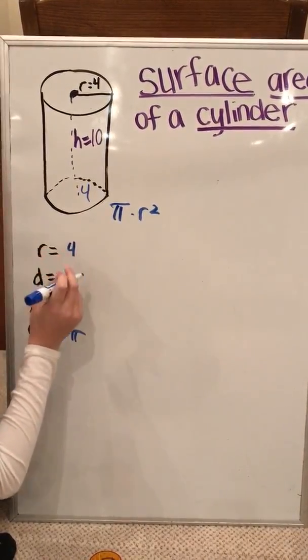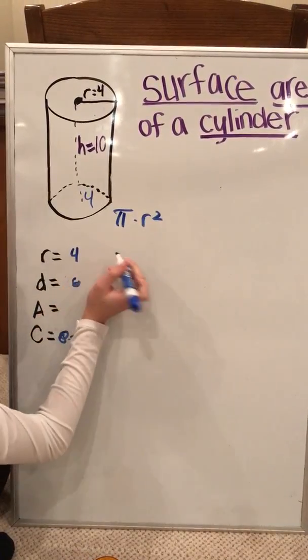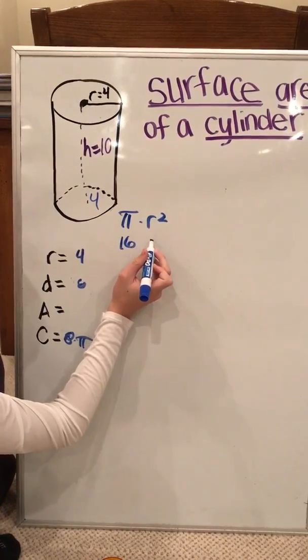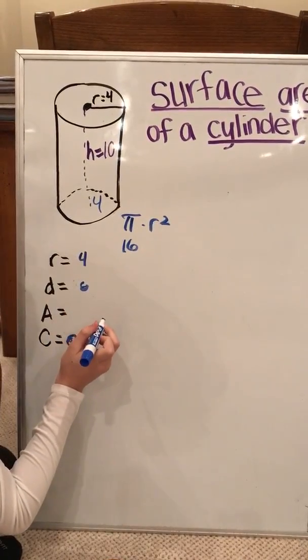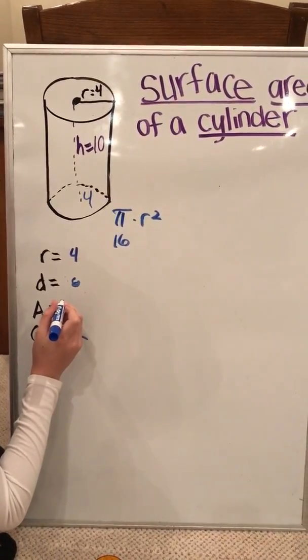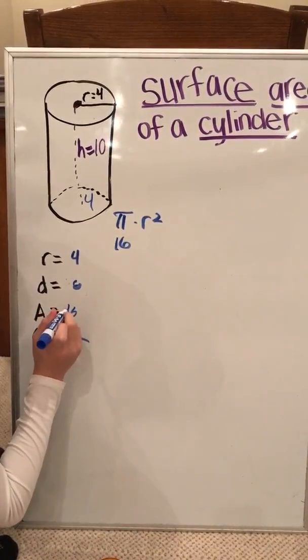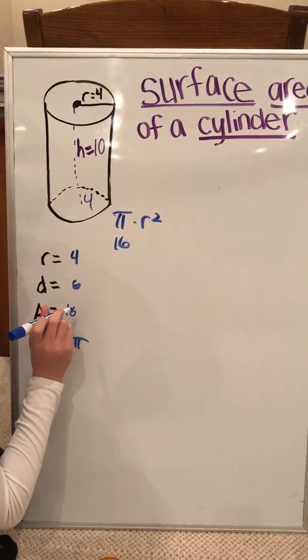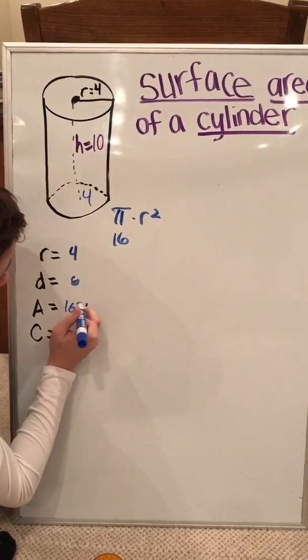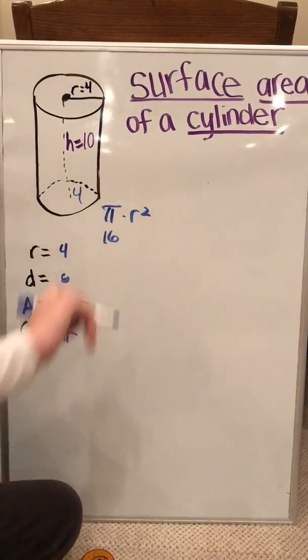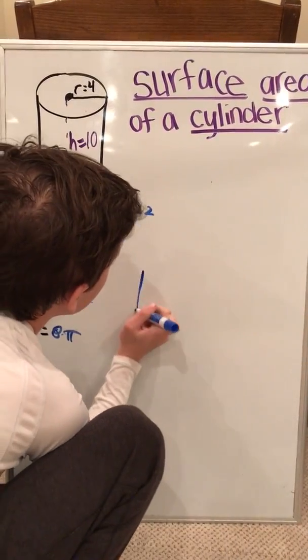So the radius 4 squared is 16, and then the area would be 16 pi. Yep. Okay. So now to the rectangle.